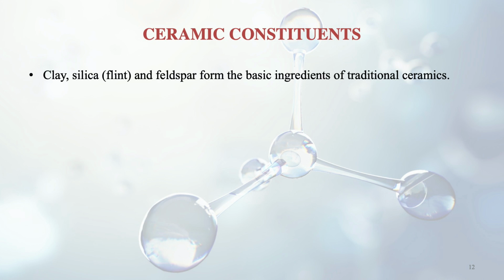Now we should get to know about the ceramic constituents. What are the constituents for making ceramic? Basically there are three things: clay, silica (flint) and feldspar. These are the basic ingredients of traditional ceramics. We discuss the first one now, the clay.